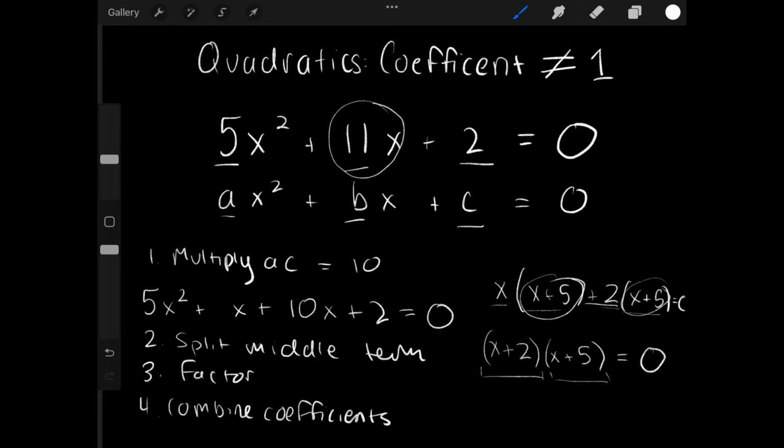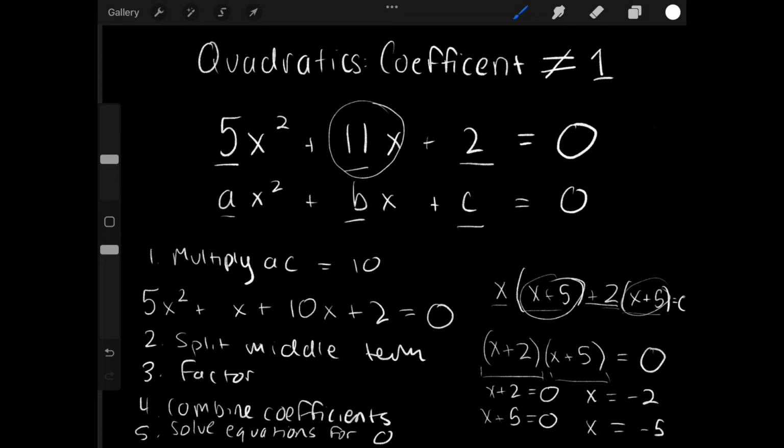So either x plus 2 is equal to 0, or x plus 5 is equal to 0. And this is a simple one-step equation. We can solve and get x equals -2 and x equals -5. So our fifth and final step is to solve equations for 0.